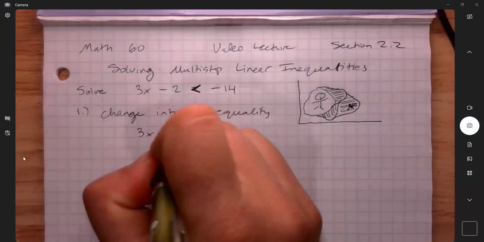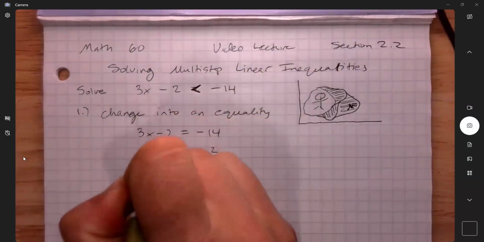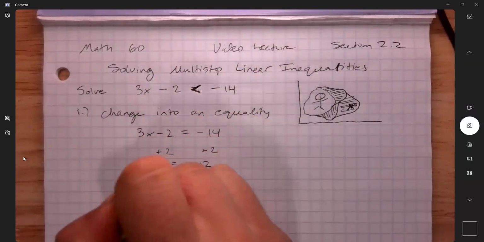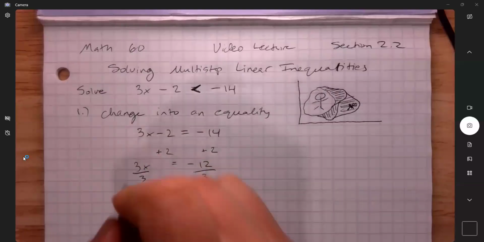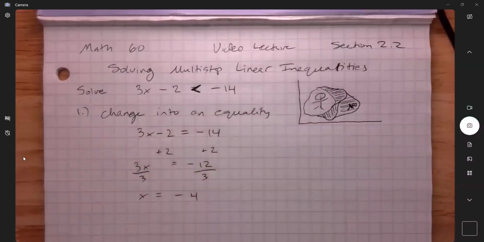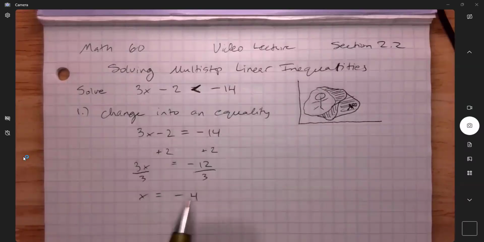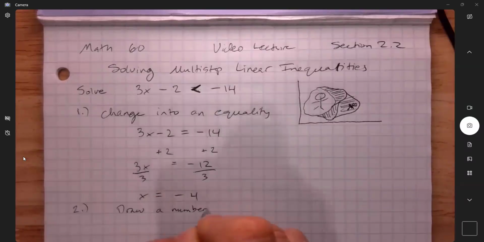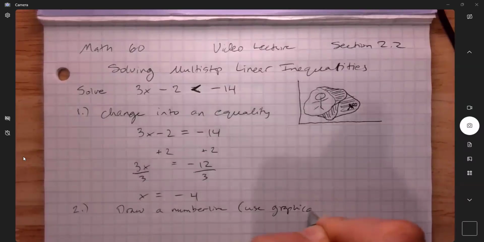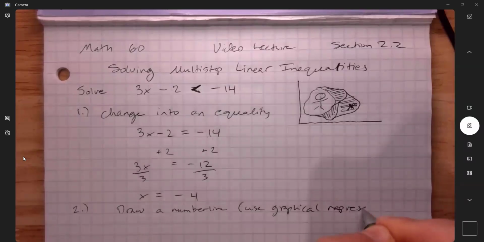So when we solve that, let's add 2 to both sides, and we get 3x equals negative 12, and divide both sides by 3, and we get x equals negative 4. So I haven't solved my original question, but the equality was fairly easy to solve, and that gives me some confidence. My next step is I'm going to draw a number line, using the graphical representation to help me.